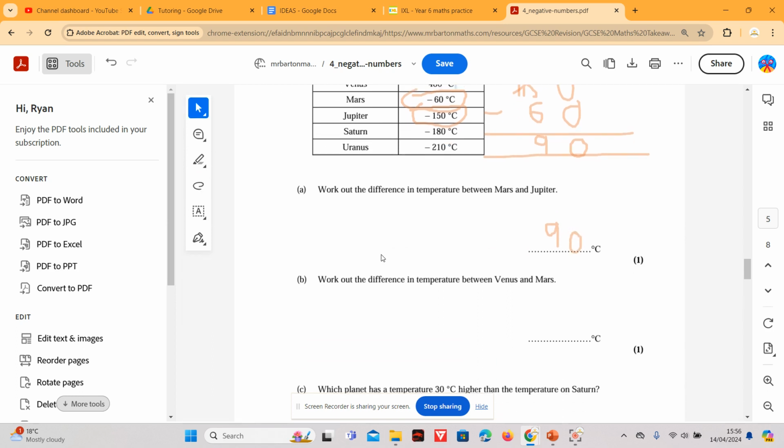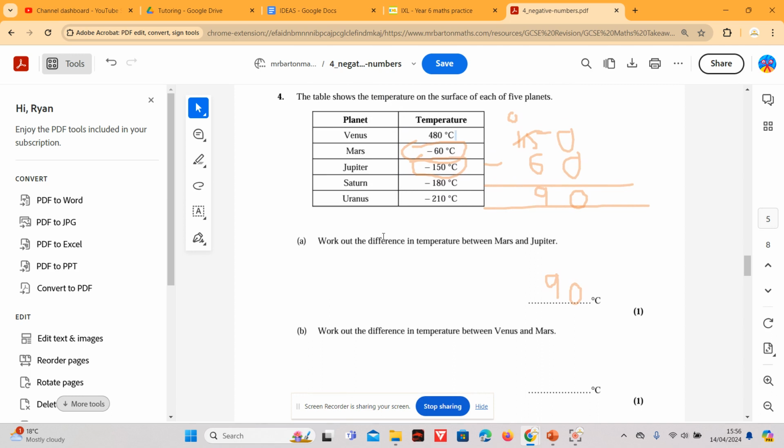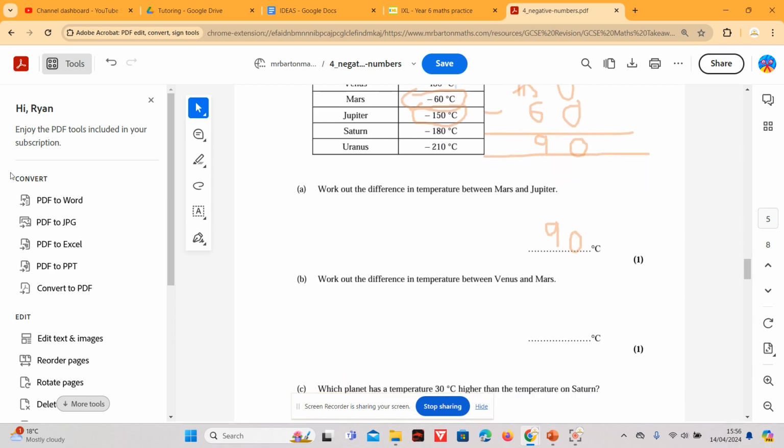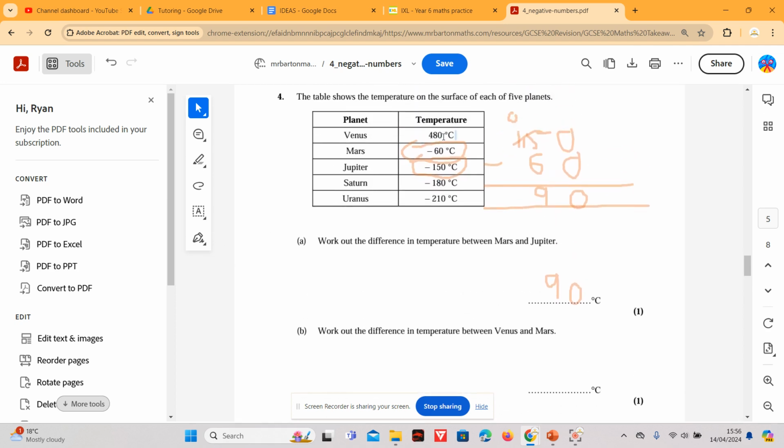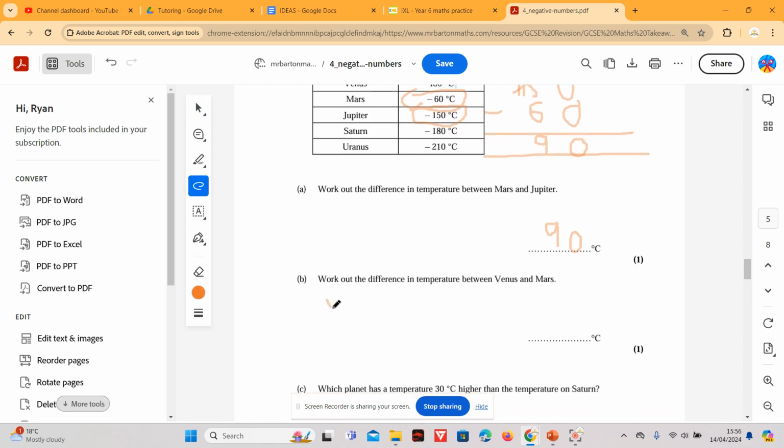Then our next question is work out the difference in temperature between Venus and Mars. Now, this one's a bit trickier, but I'm going to break it down. Firstly, what you should always do is work out the difference in temperature between the large one to get to 0. So to get to 0, it's going to be 480.